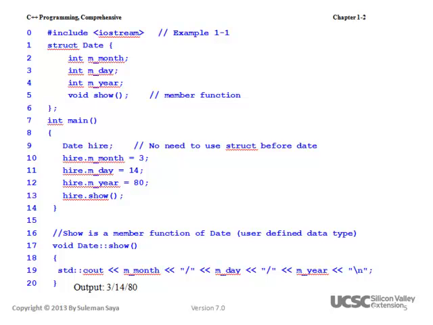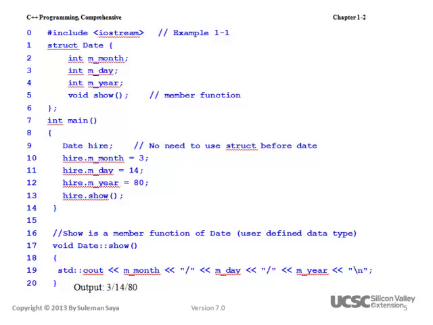So I'm assigning month 3. Similarly, at line number 11, I am using the object hire dot m_day, which is a data member of the structure called date, and assigning 14 to it.